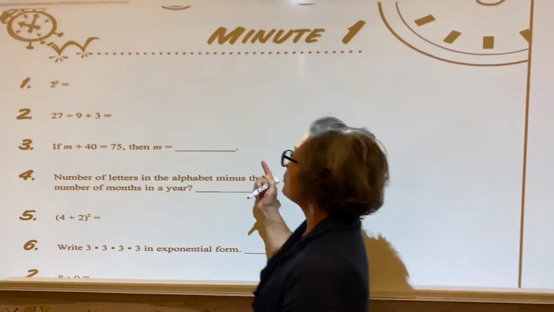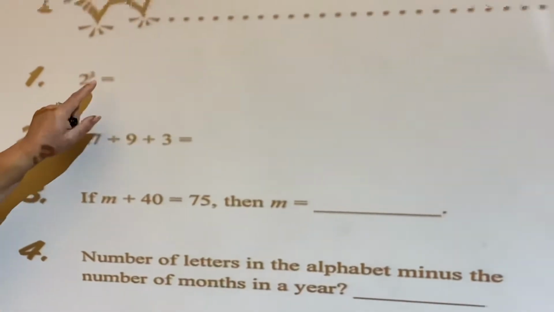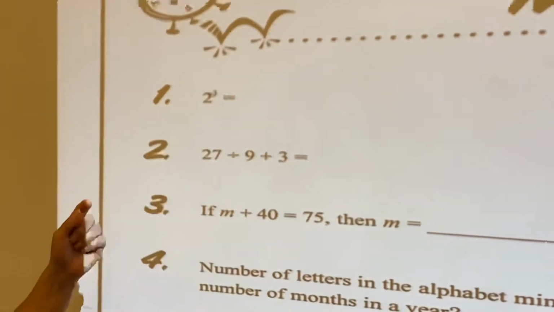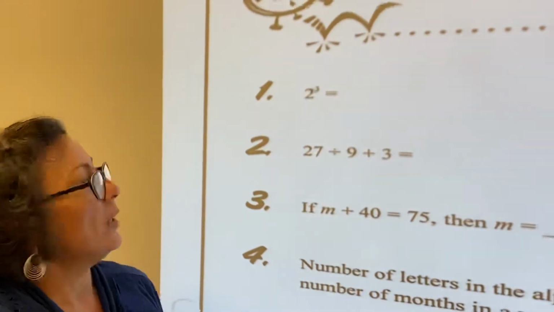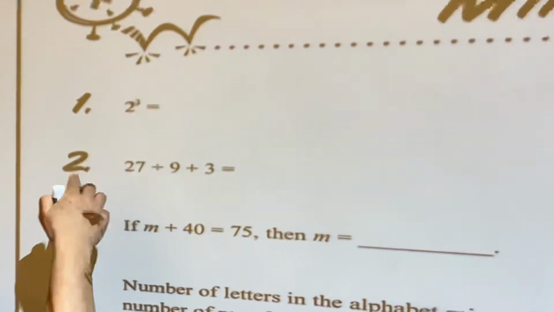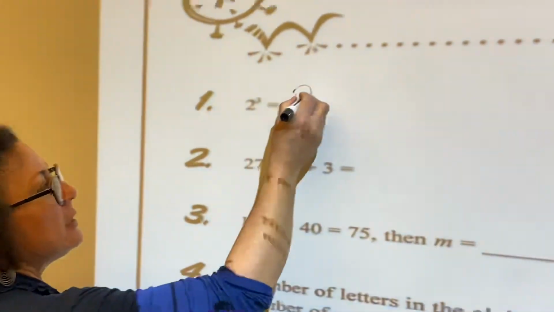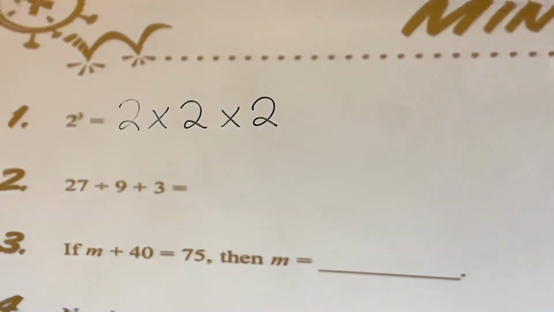All right, starting with question 1, we have 2 to the 3rd power. I know this number is very small, but it's a 3 here. We can either say 2 to the 3rd power, or we can say 2 cubed. So what is another way of representing 2 cubed? It's 2 times 2 times 2. That's really what's going on here.